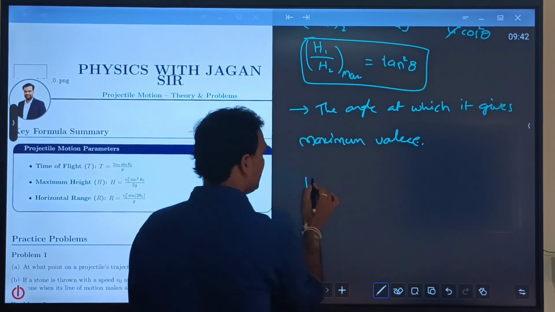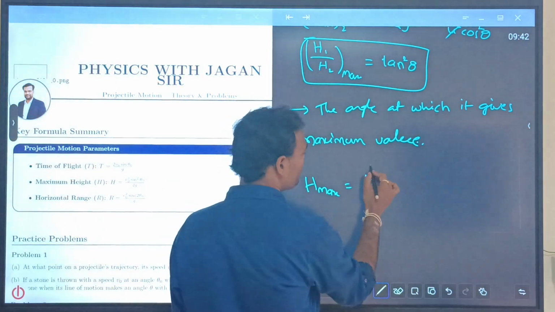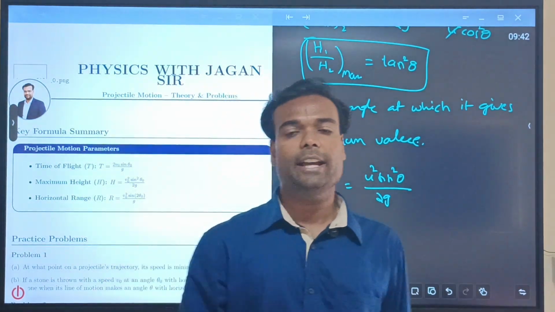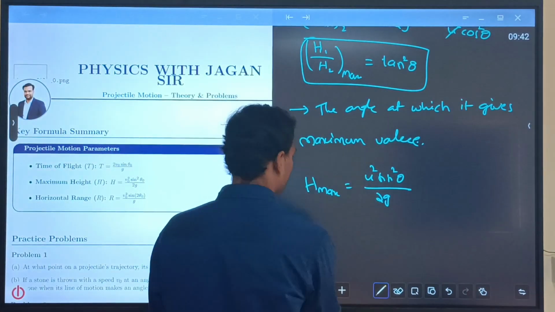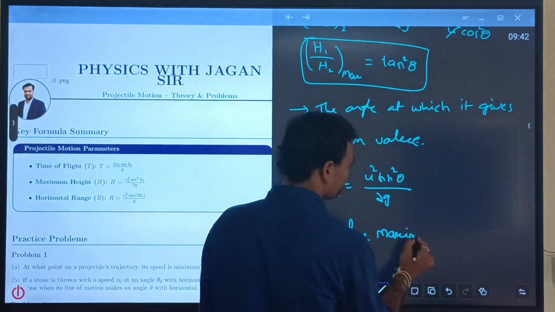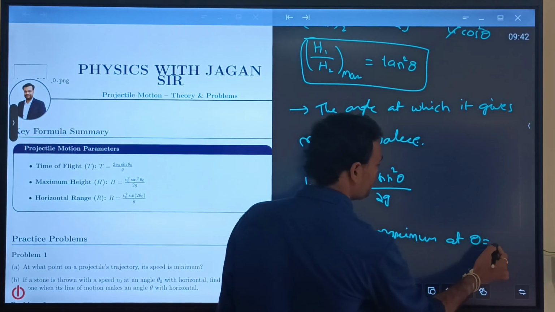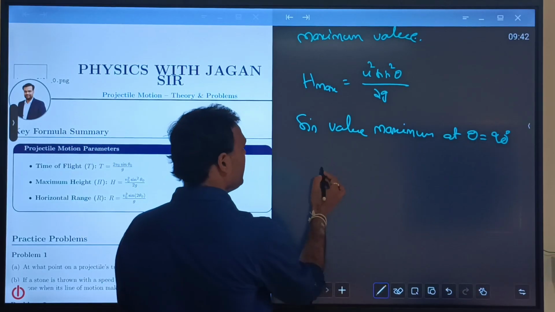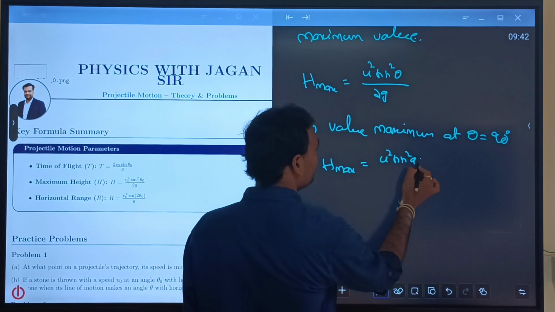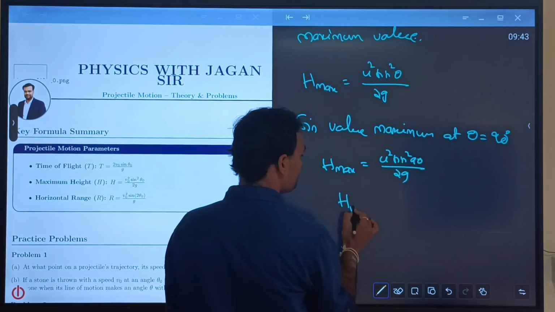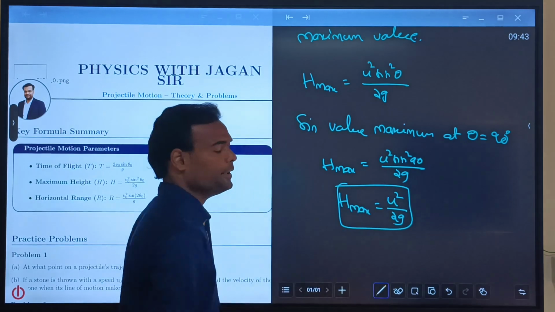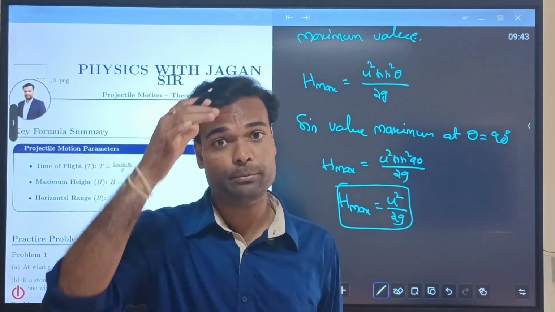That is, h max is equal to u square sin square theta by 2g, and the sine value will be maximum at theta equal to 90 degrees. Therefore, the h max value is equal to u square sin square 90 by 2g. So, h max is equal to u square by 2g. Clear? U square by 2g. This is the third case of the maximum height.